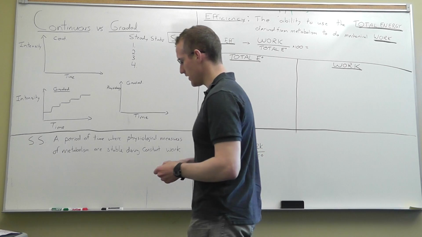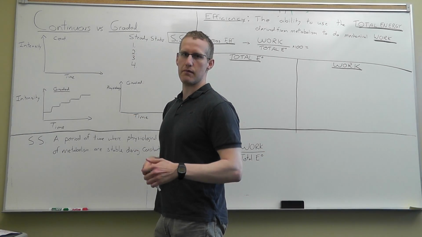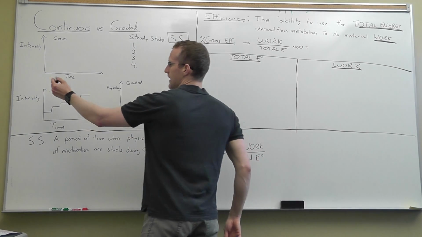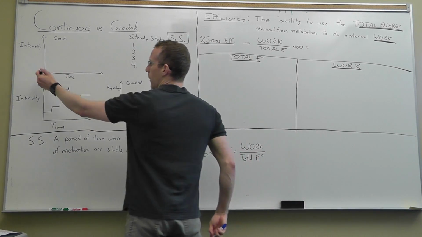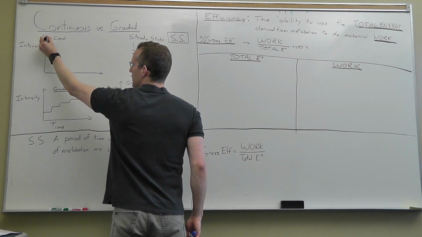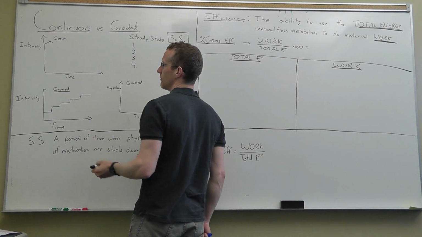So first of all, with continuous exercise, the duration that you go is always limited by the intensity that you start at. So if we see here, we have an x-axis of time and a y-axis of intensity. If we start at a very high intensity, the duration is going to be short and it's going to escalate throughout.